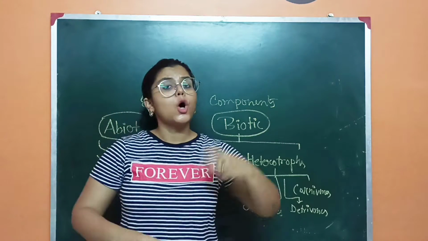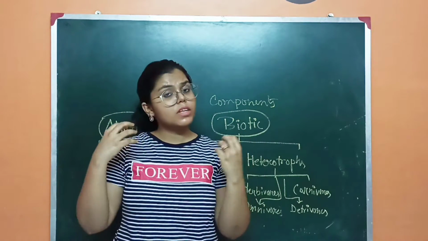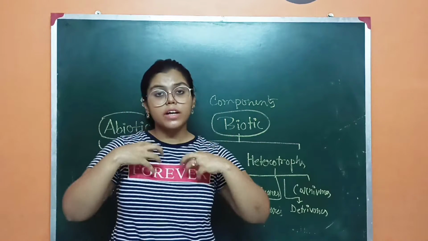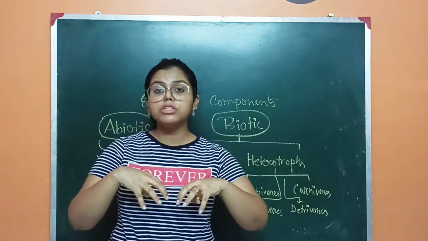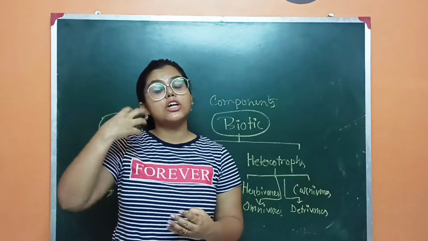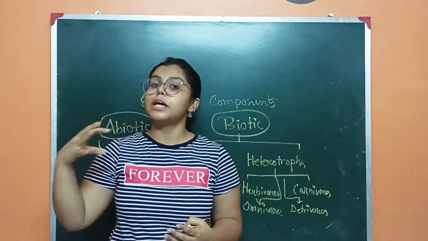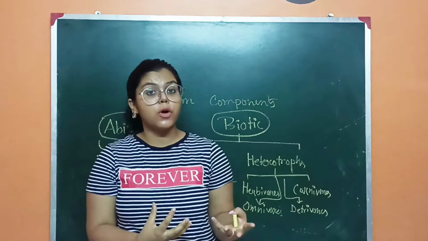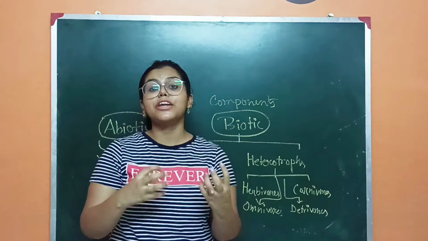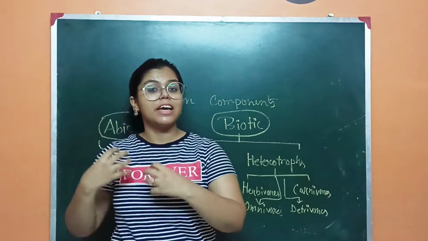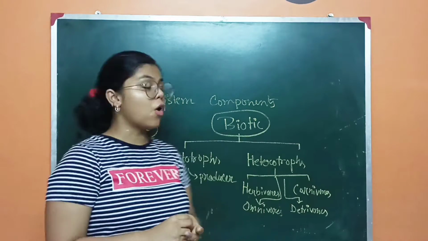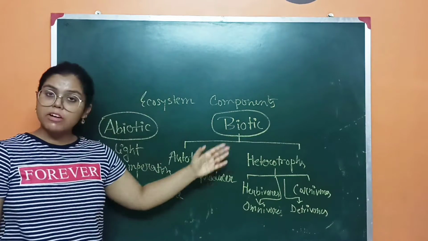In case of plants or animals, after their death, they decompose their organic molecules into the soil or the environment. The decomposition is done by different types of bacteria and microorganisms. Those can consume energy from the dead bodies. Those are detritivores. So this is all about the abiotic factors and biotic factors.